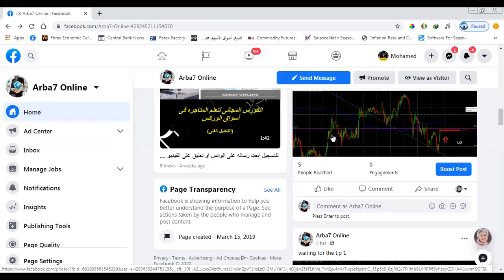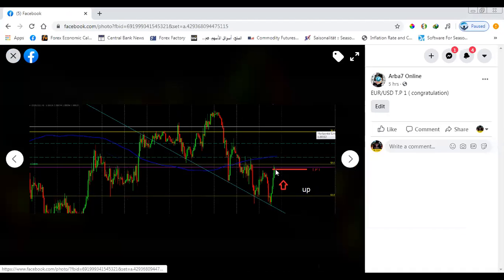And today, as you see, the price has already arrived at take profit number one. So it was a successful trade. Thank God. It was a nice trade, really.